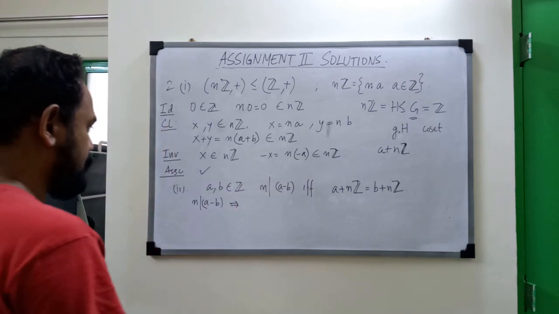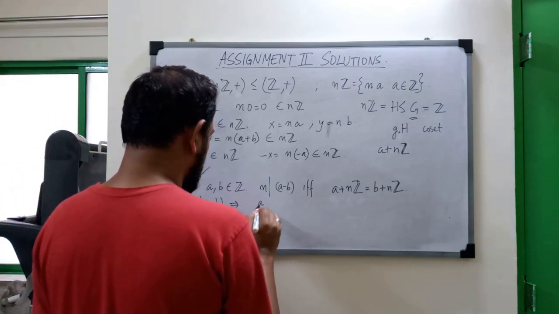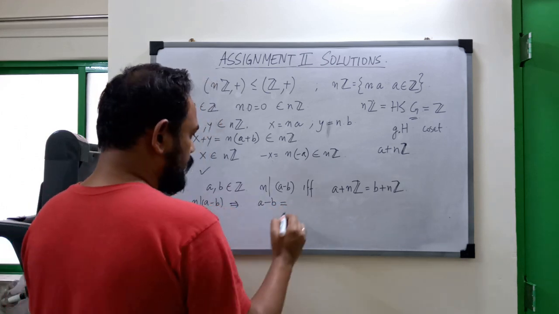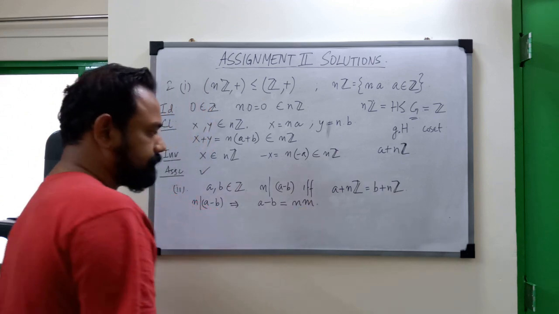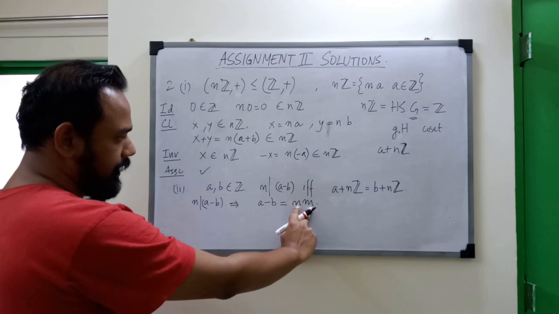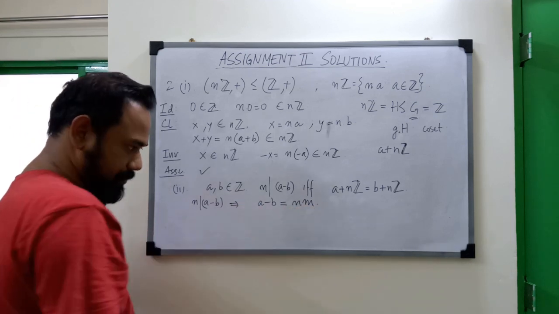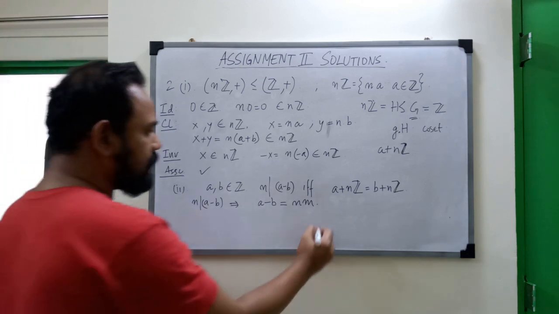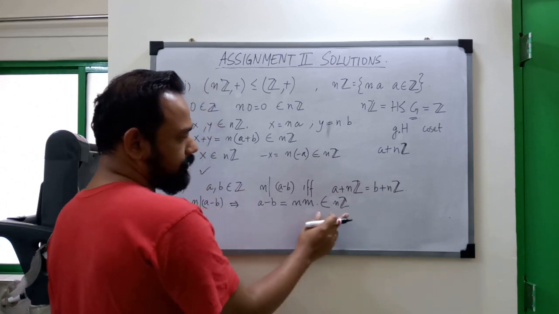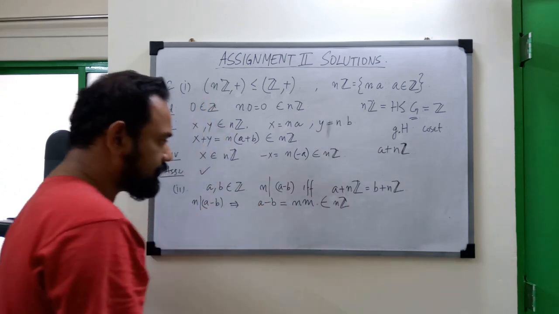It means that A minus B is equal to some multiple of n, say nm. There's some integer m which multiplies n, and that's the only time when you divide this by n you will get m. But that's an element of nZ, isn't it? That's what it means. m is an integer, n times an integer is an element of nZ.